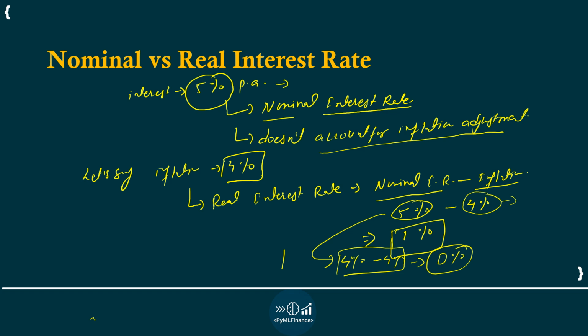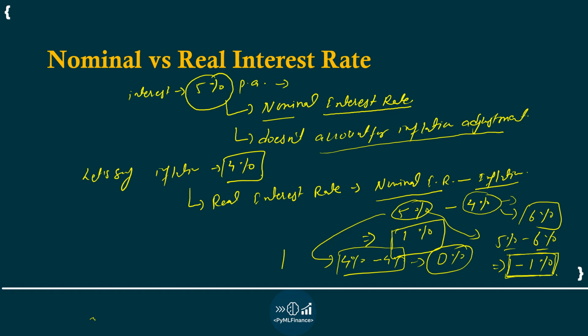And if the inflation had been 6%, for example, instead of 4%, and 5% was the deposit, then nominal minus inflation is your real interest rate, so here the real interest rate is minus 1%. So simply you have lost the value of your money by 1%.